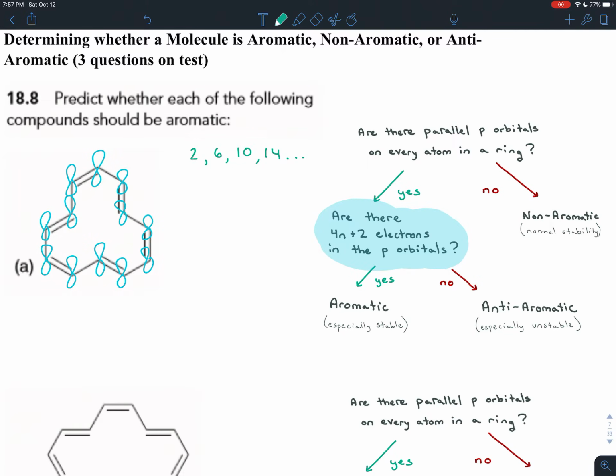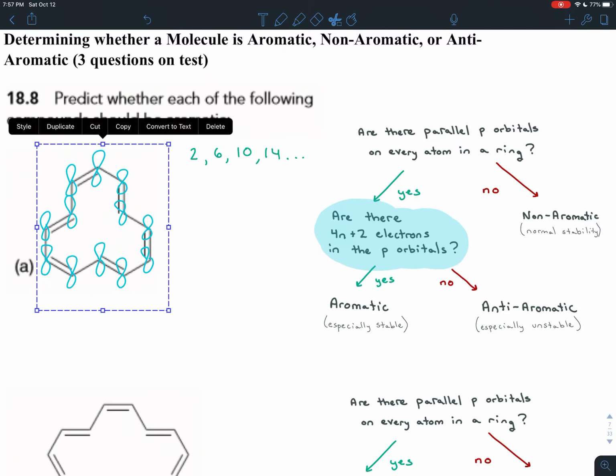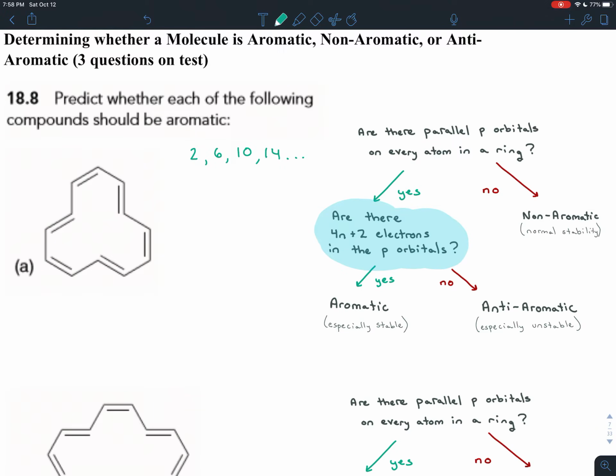So how many electrons do we have in p orbitals? On this molecule, that's going to be the same as the number of electrons we have in pi bonds. So here, we can see that a little bit more clearly. If we get rid of the p orbitals, we have 2, 4, 6, 8, 10, 12. 12 electrons in p orbitals.